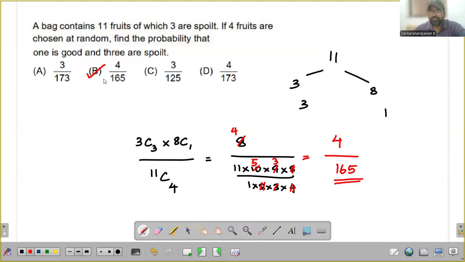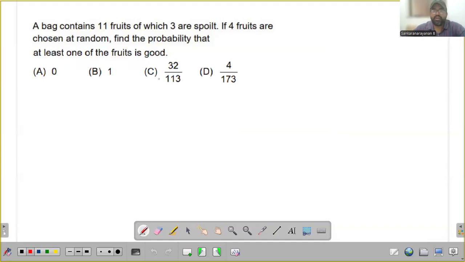Now, the next question in the same set: at least one of the fruits is good. Altogether 4 fruits you are drawing, right? From total 11, 3 of them are spoiled, 8 of them are good.